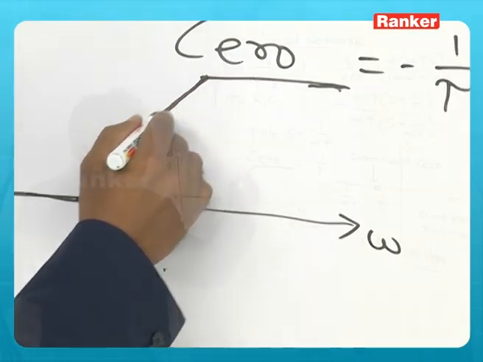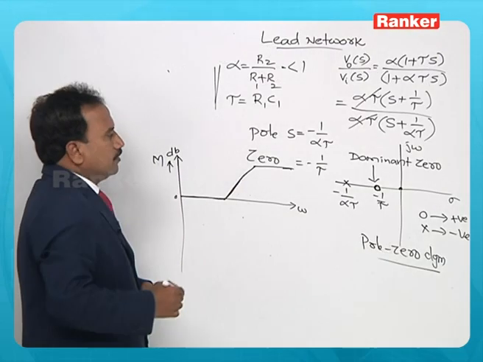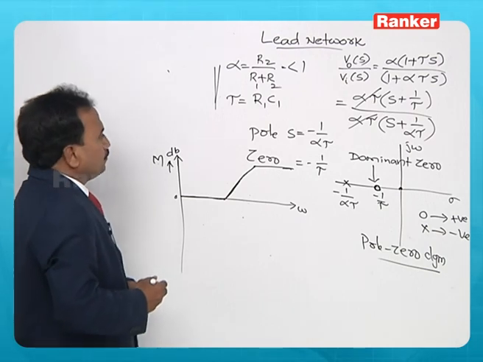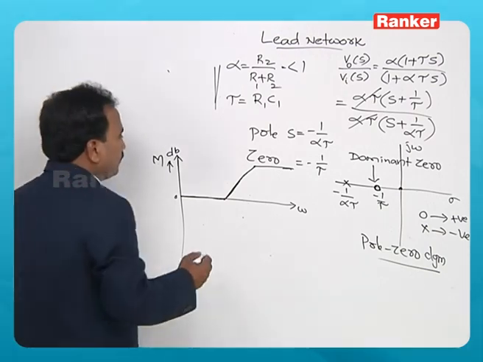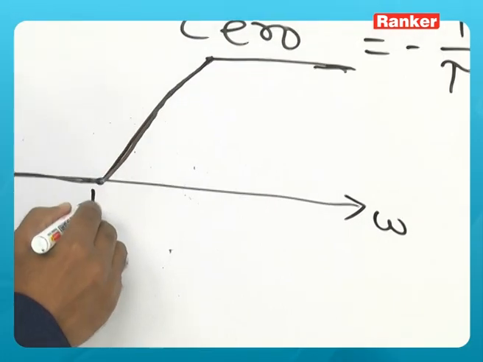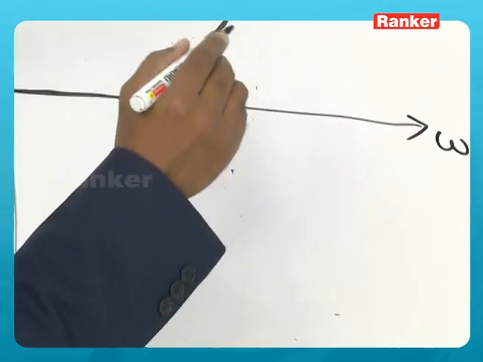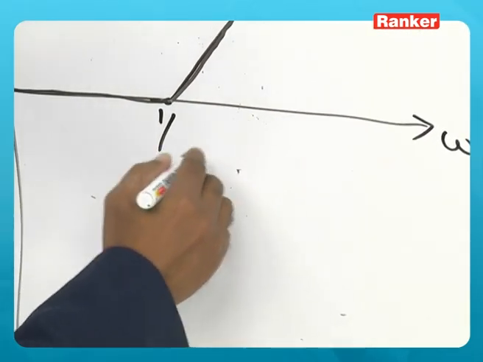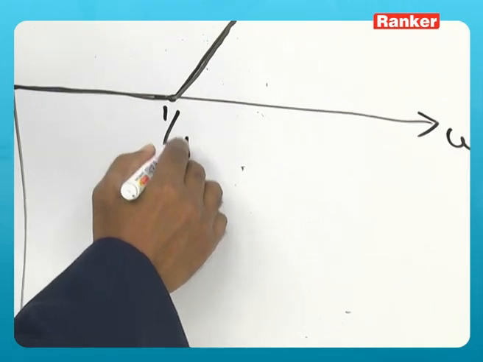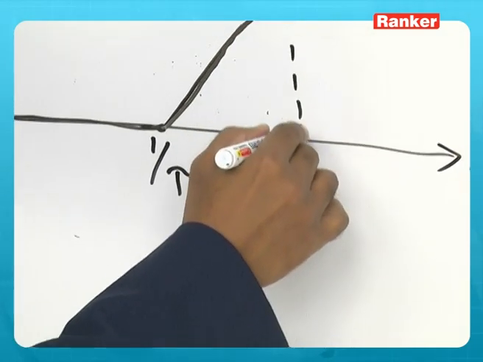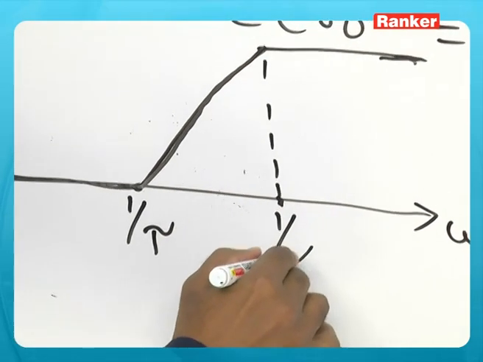This is the magnitude plot of the Bode plot of the lead network, and this is 1 by tau, and this is 1 by alpha tau.